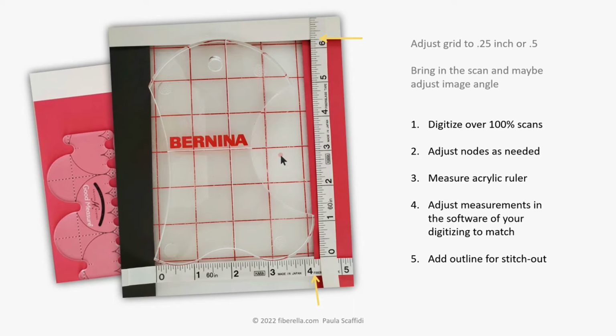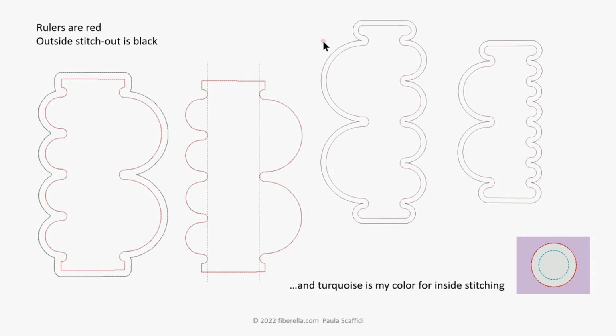But for the purpose of this photo, I just used a cutting mat and stretched out some measuring tapes. So this ruler I know is 4 1/4 inches by 6 1/4. Overall, that's what you want, the overall measurement. So rulers are red and outside stitch out is black. A quick little thing about corners.